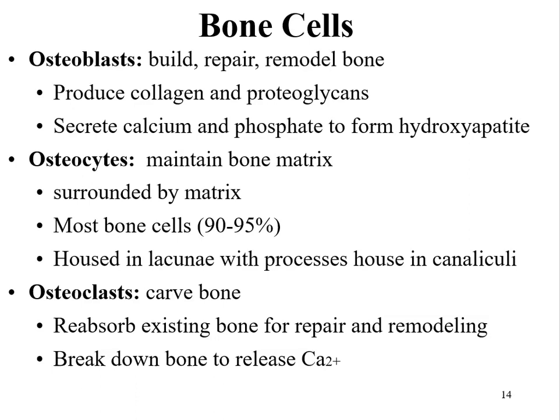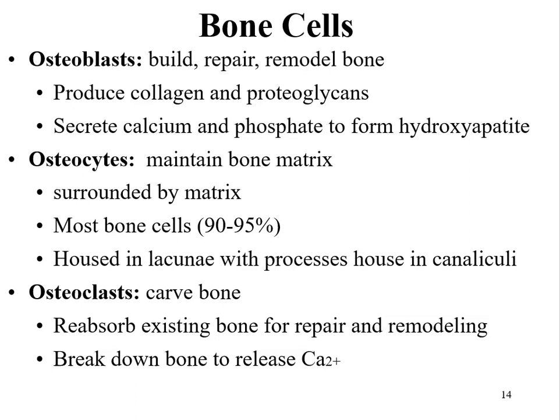To remember these bone cells, think osteoblast, B for baby builder cell. These are immature cells that build tissue. So blast, baby builder. When they grow up, they turn into the cyte, osteocyte, mature maintenance cell.